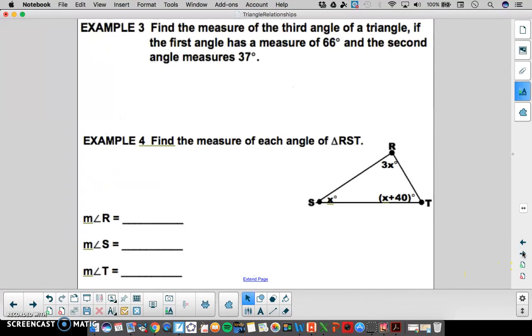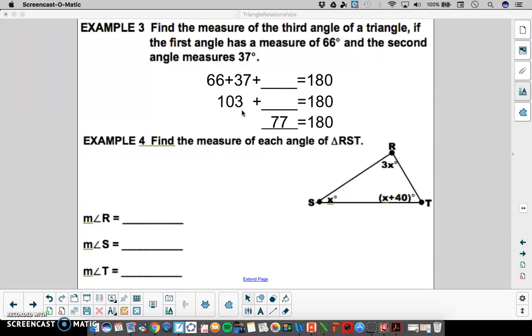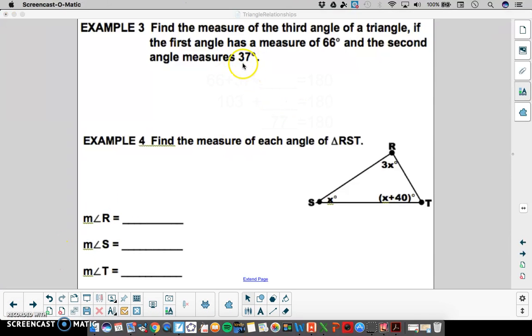So if we look at an example here, find the measure of the third angle of a triangle. If the first angle has a measure of 66 and the second angle measures 37. So in this example, I have two of the angles and I'm searching for the third. We know all three have to add to 180 degrees.